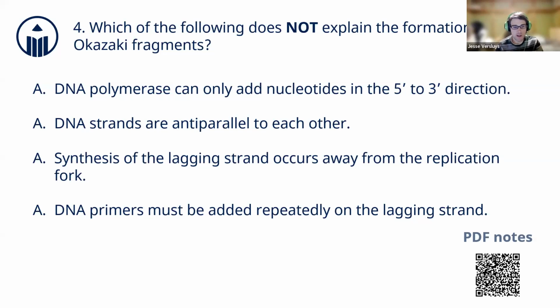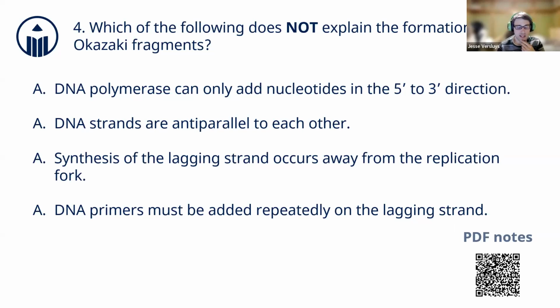Okay, so here's a question where there are multiple answers that are true, but they're not directly answering the question that's being asked of us. So we got to be careful here. So for example, DNA polymerase can only add nucleotides in the 5' to 3' direction. That's true, but that doesn't explain why we would get Okazaki fragments. Not by itself anyway.